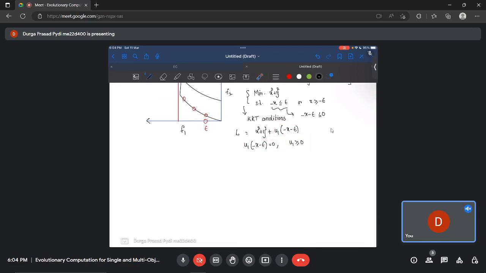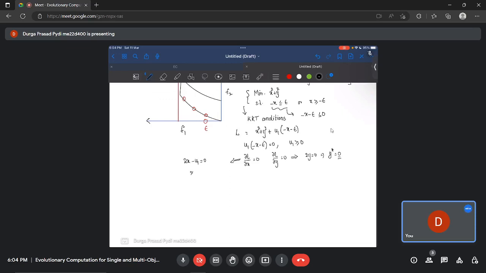Now the essential equations are del L by del x equal to 0 for obtaining the stationary points, and del L by del y equal to 0. The first equation gives us 2x minus u1 equal to 0. The second equation gives us 2y equal to 0, which is essentially y star equal to 0. So this is one stationary point.